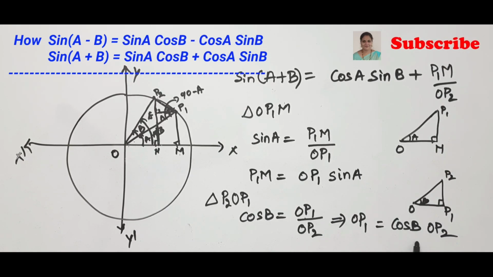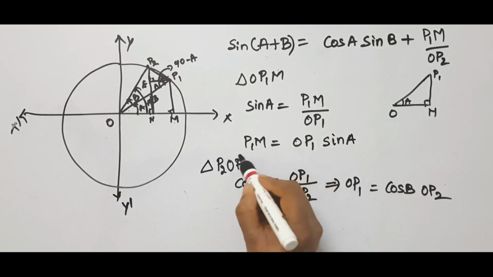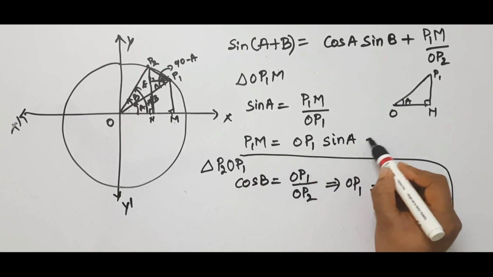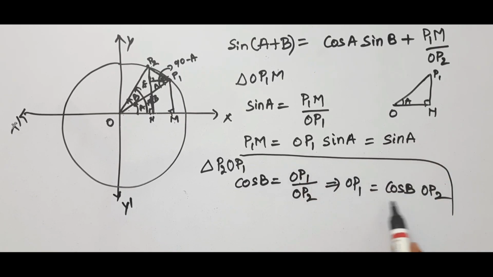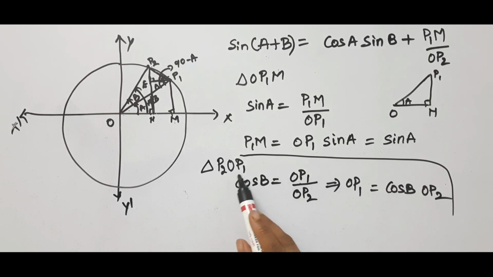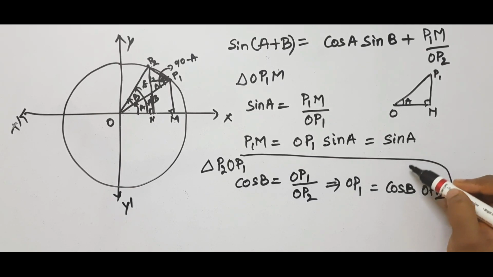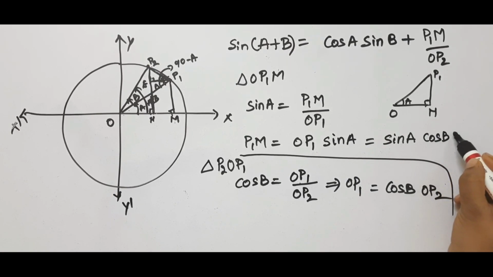Now let us substitute this value here, that is OP1 into sin A. If we substitute this OP1 value, we will get sin A, with the OP1 value we got as cos B into OP2, using the triangle P2OP1. So just substitute here. This becomes cos B into OP2.